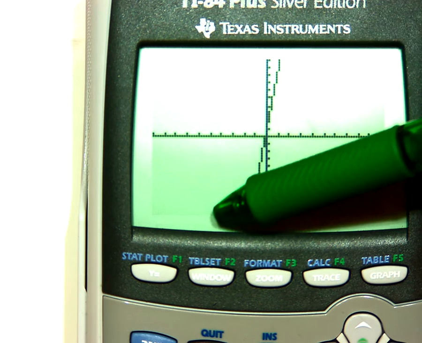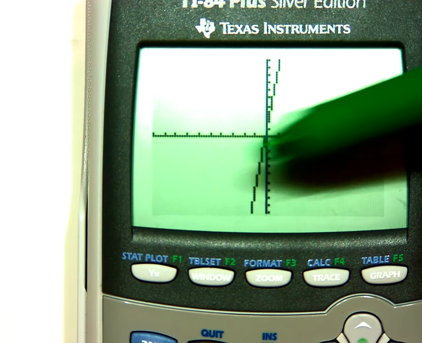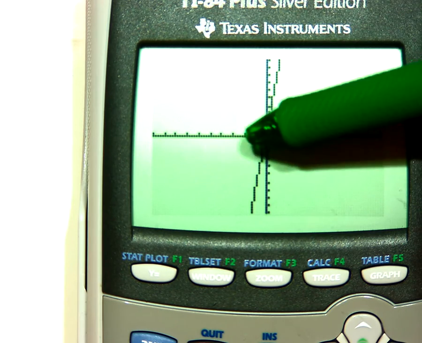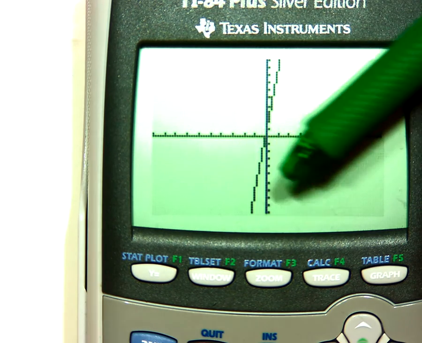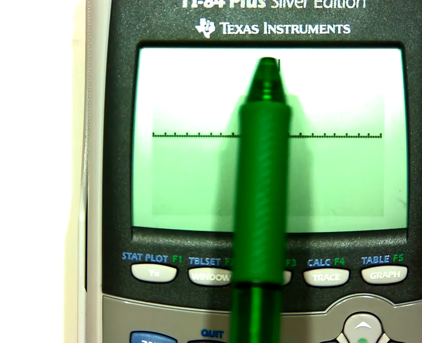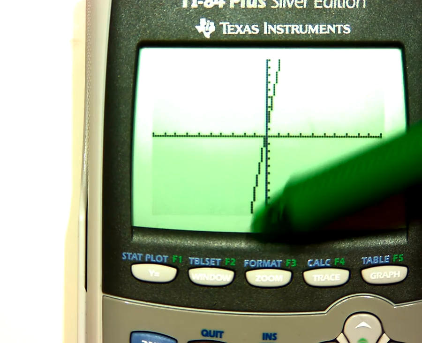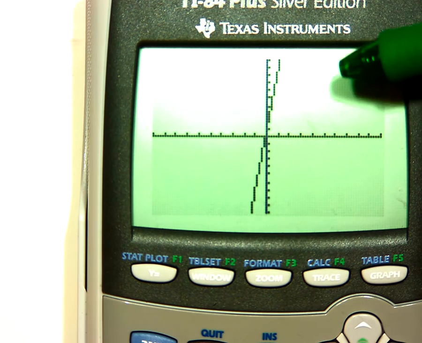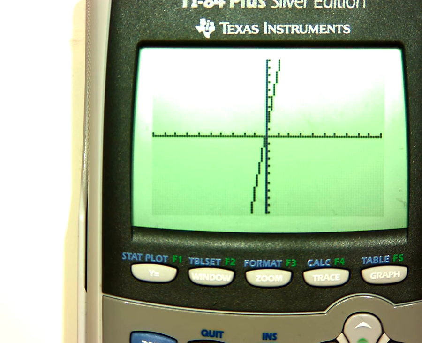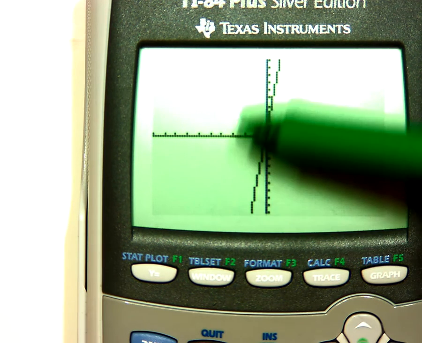Well, this is a representation of a linear equation, but if I could make this screen a whole lot bigger, including your computer screen as well, notice how it keeps going and going and going down in this direction, which is going to be -infinity, and it keeps going up, up, up, up, up, up in that direction. Well, that means it can be -infinity and +infinity. What that represents is all real numbers because it's going infinitely in both directions.